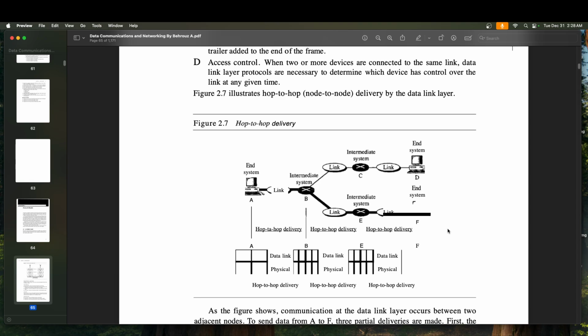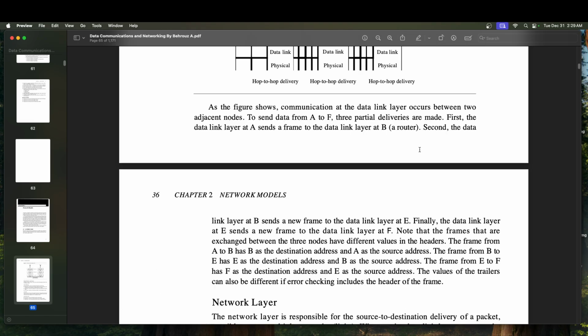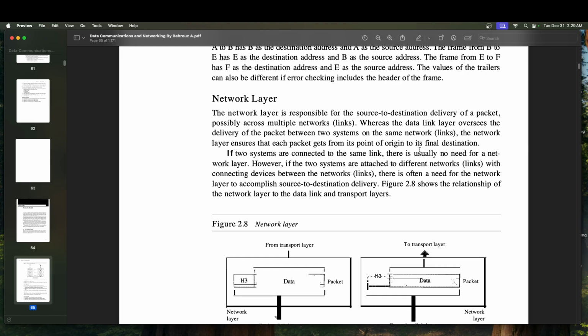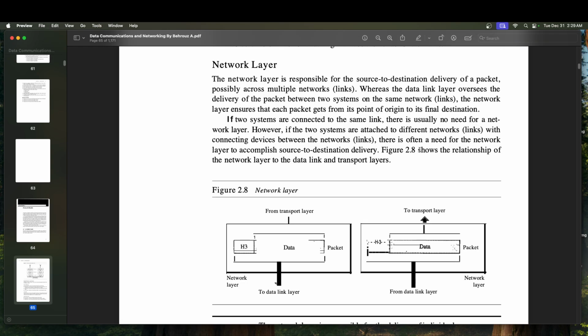Hopping is basically jumping, so it might choose which path to take to reach the receiver. And then the network layer is basically the source to destination delivery. It ensures the delivery, that means the IP, by the source, basically which network I should enter.